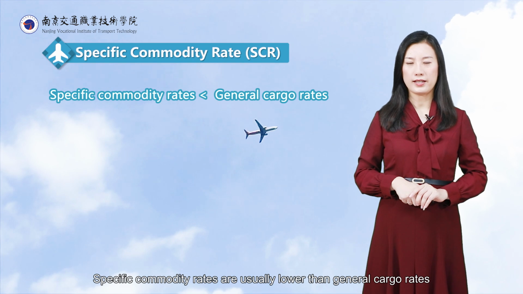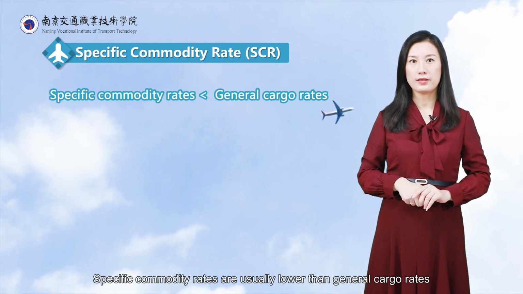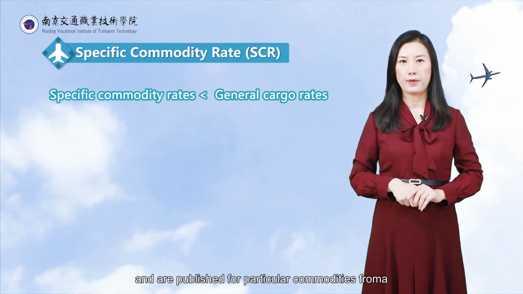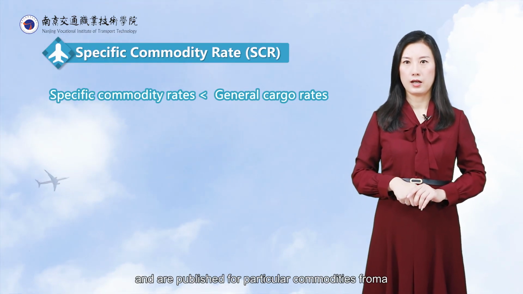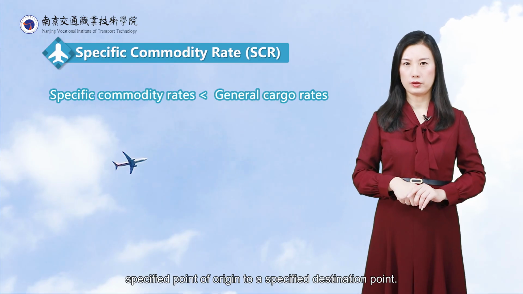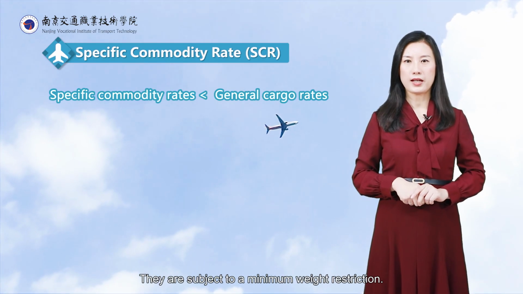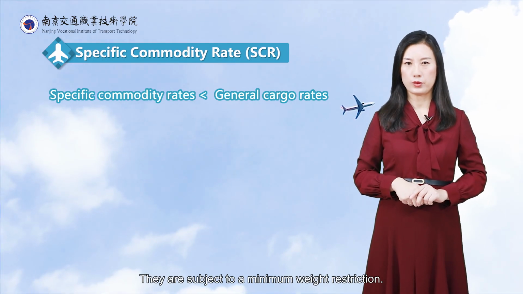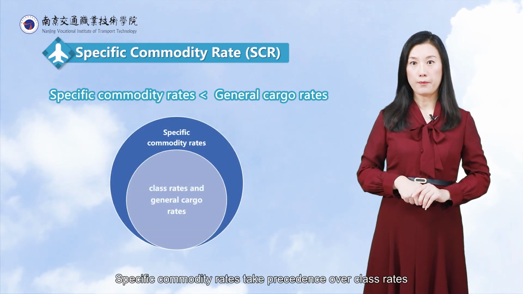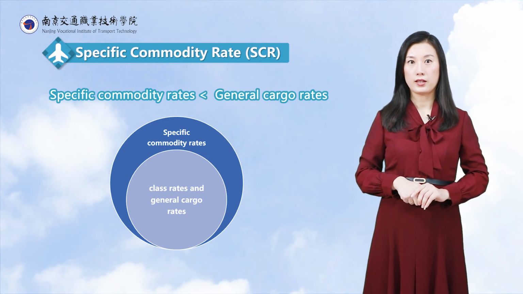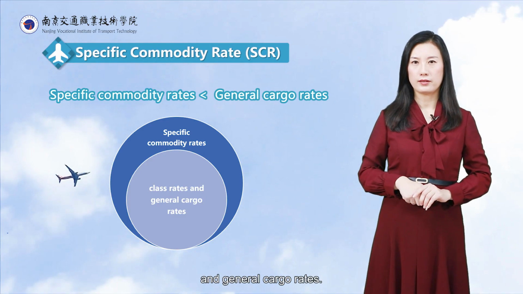Specific commodity rates are usually lower than general cargo rates and are published for particular commodities from a specified point of origin to a specified destination point. They are subject to a minimum weight restriction. Specific commodity rates take precedence over class rates and general cargo rates.